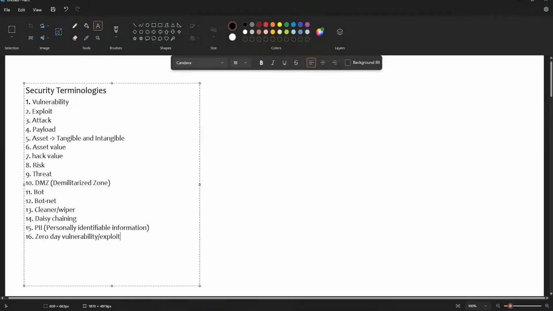Any vulnerability which is exploited by the attackers, but the organization who did the development of that software is not aware of which vulnerability was exploited, right? So they don't have any information. That is zero day vulnerability or exploit. Perfect. So these are some of the security terminologies that you should know, right?